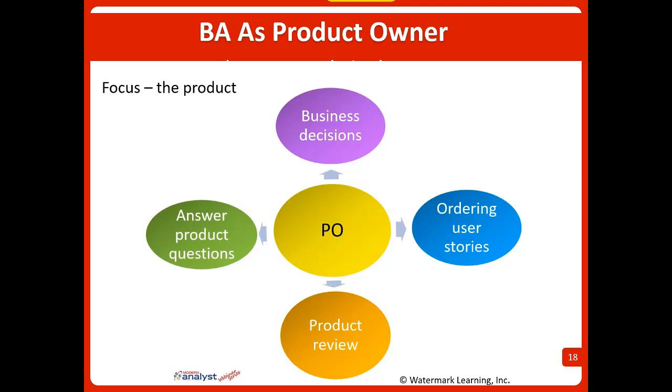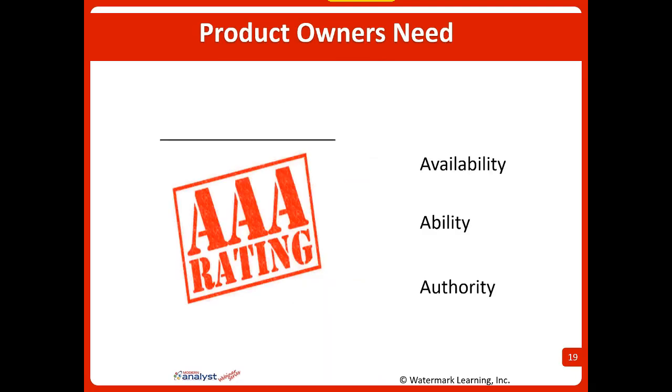So what about this? There's something that a BA can do. There are three important things that all product owners need. I call it, my own words, the AAA rating. They have to be available because I'm telling you, during the heat of the battle, so to speak, of a sprint, there is so much going on.